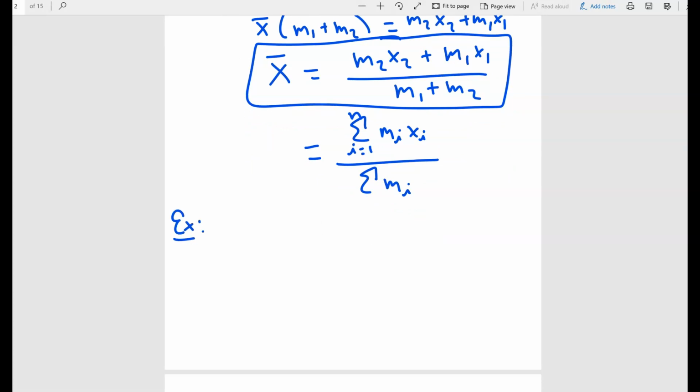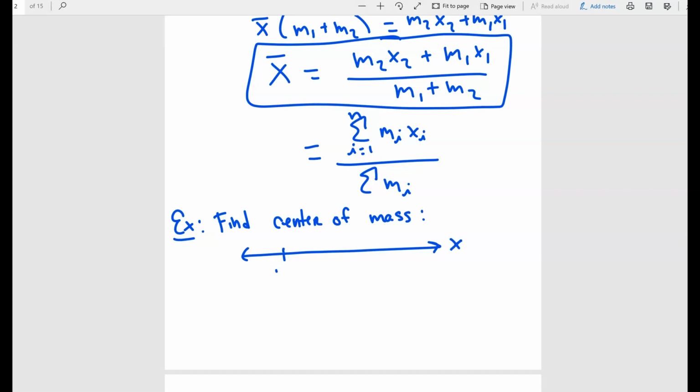Okay. Say we want to find the center of mass based on the given information. So you have this particular thing, and here we have, let's say this is the x-axis.